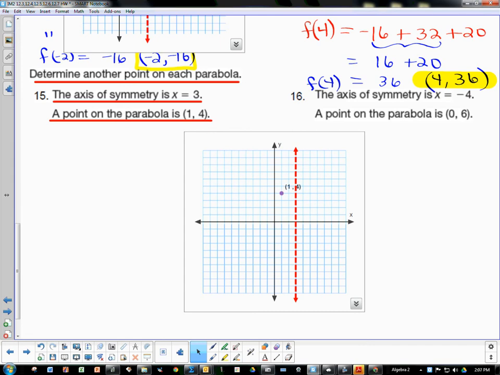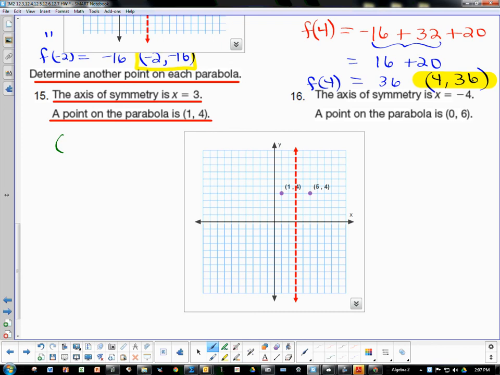And you'll notice, I'm going to watch my pen here, you'll notice that this point is 2 away from the axis of symmetry. So all we have to do is go 2 to the right. Okay, and that's going to be right here, this point. Now, what is that point going to be? 5 comma 4.